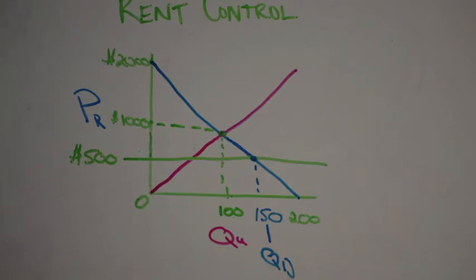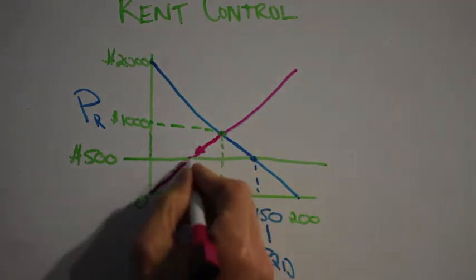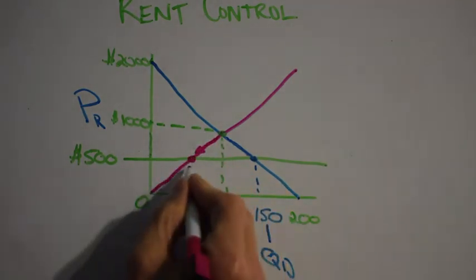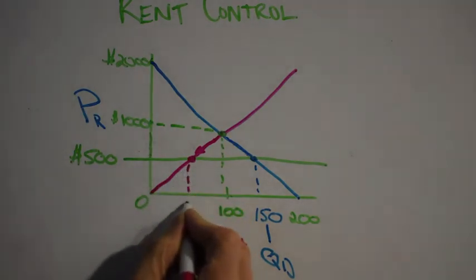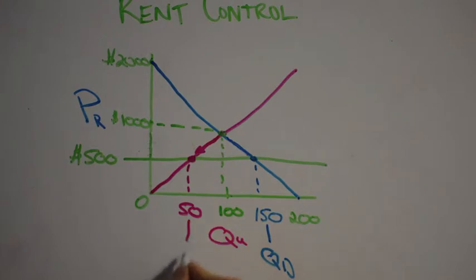When price goes up, the supply will go up, and when the price goes down, the supply is going to move down the supply schedule, and we end up with 50 units here, quantity supplied.